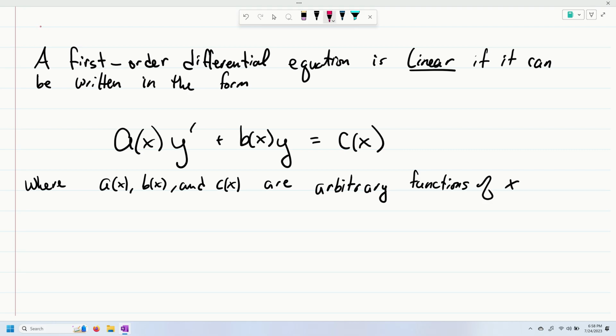So this is a first order linear differential equation.